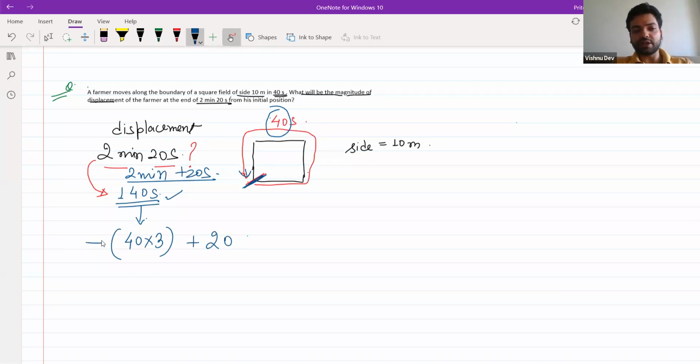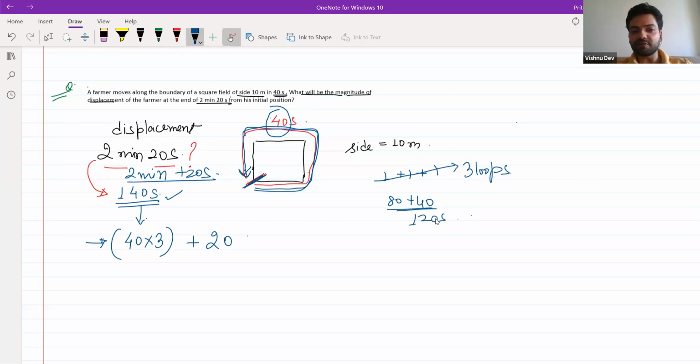If this is complex, you can just count: in 40 seconds the farmer completes one loop, another 40 seconds another loop, so time spent is 80, and in another 40 seconds one more loop. So the farmer completes three loops and the time required is 120 seconds.